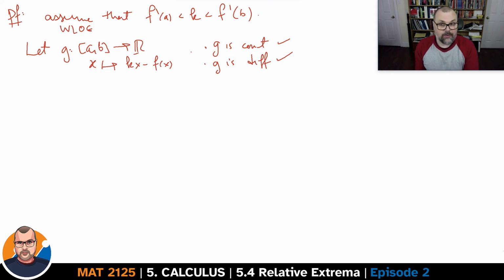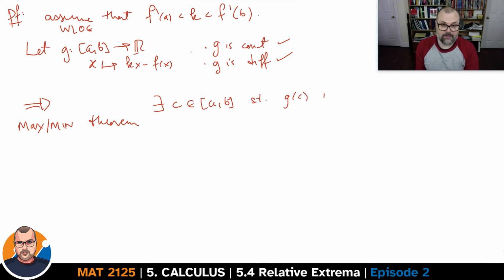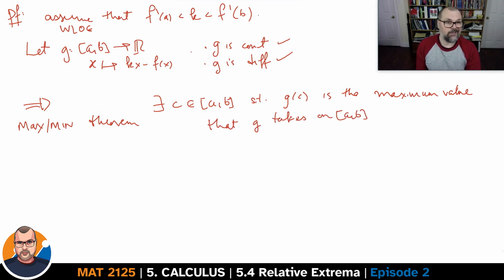Because g is continuous on a closed bounded interval, by the Max-Min theorem, there's going to be some point c somewhere in the interval [a,b] such that g at c is the maximum value that g takes. This is not necessarily the case if we have an open interval here, or if g is not continuous.